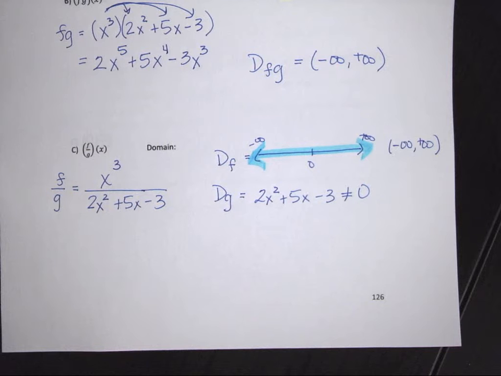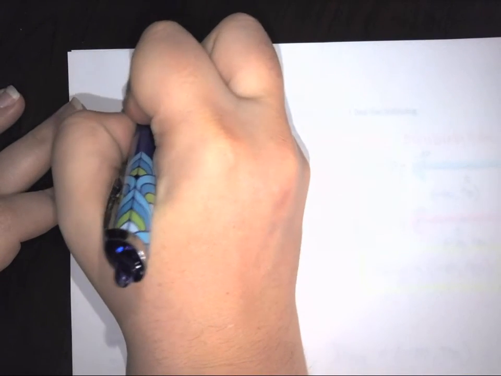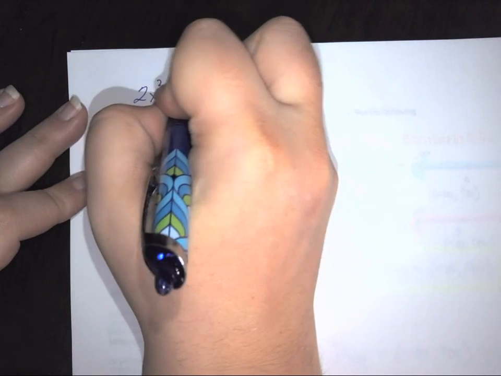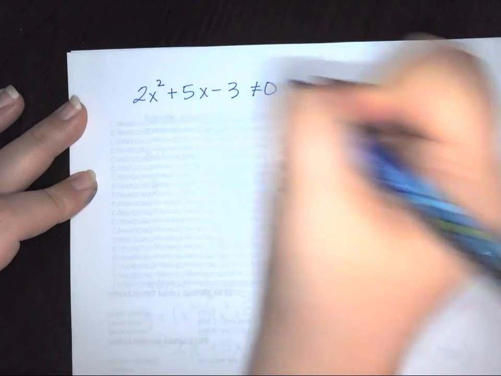One way is to set it into factored form, or you can use a method called bottoms up. For a lot of people, factoring seems to be a problem, so let's take a look at it here. We have 2x squared plus 5x minus 3, and this can't be 0.